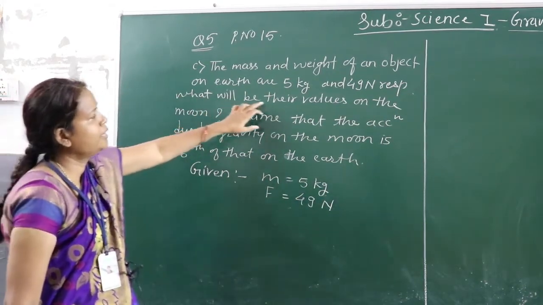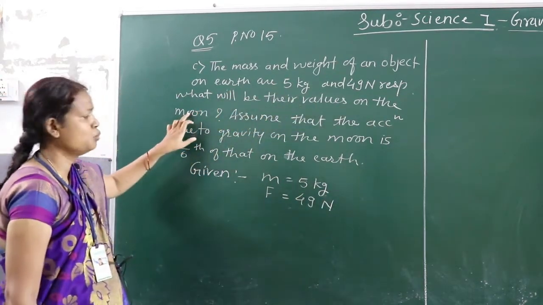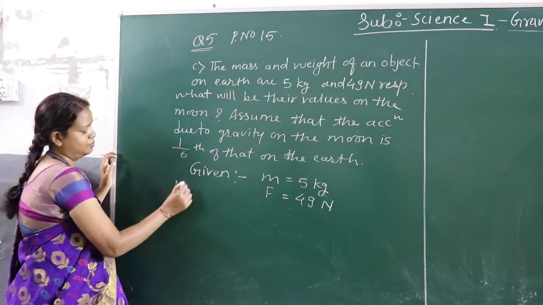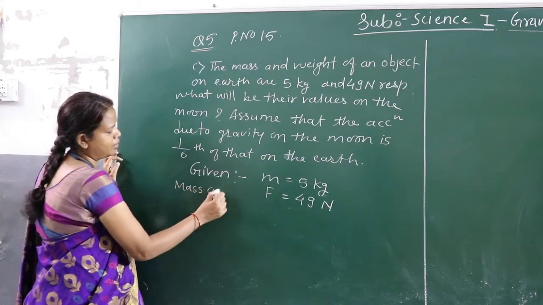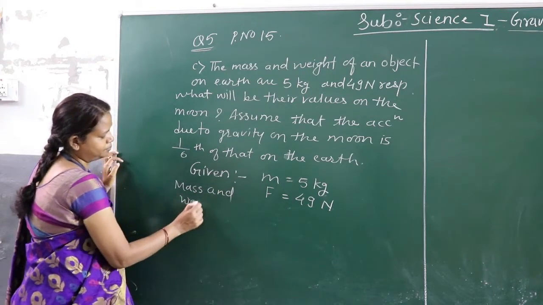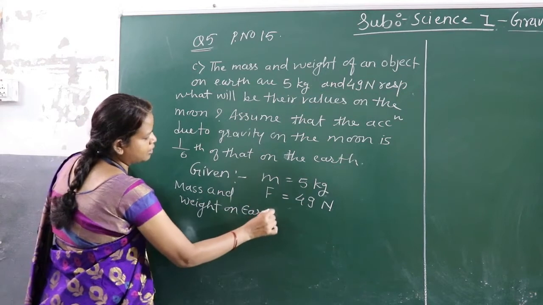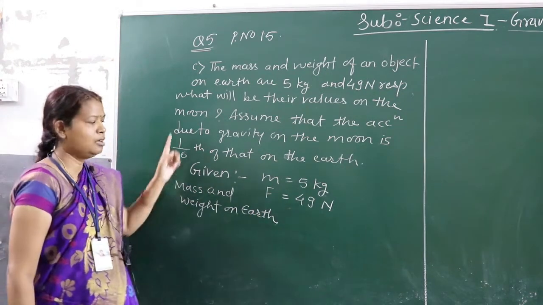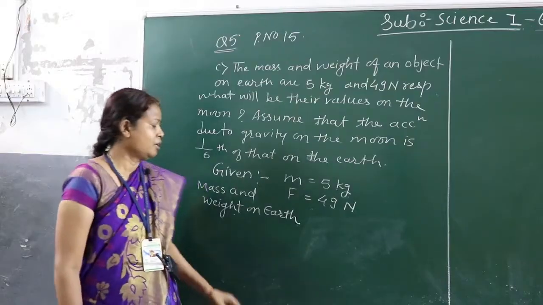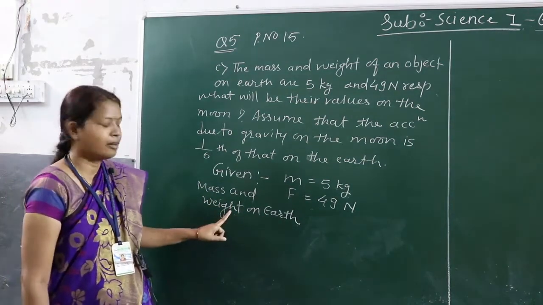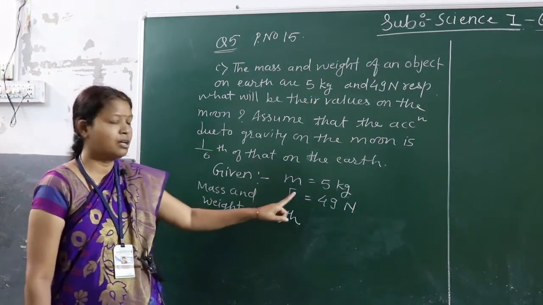What will be their values on the moon? So first we consider the mass and weight on earth, and second we consider the moon. Now, mass and weight on the earth. What is weight? I already told you, it is the force.